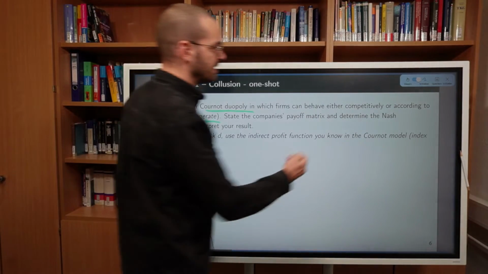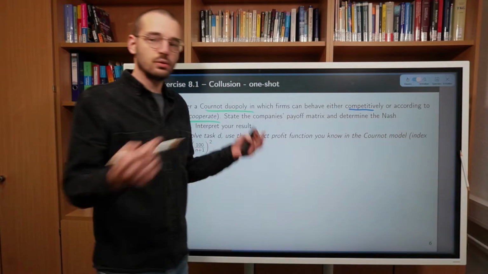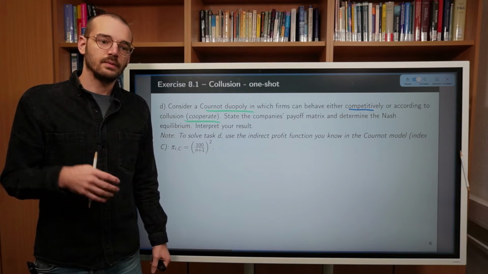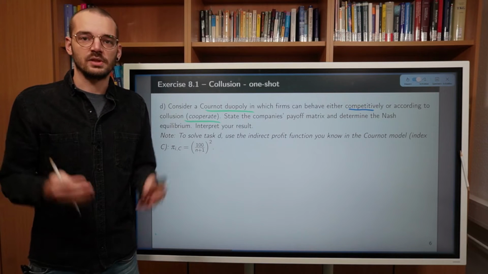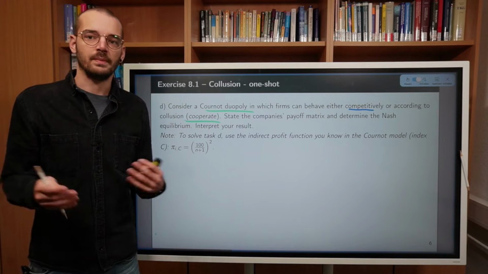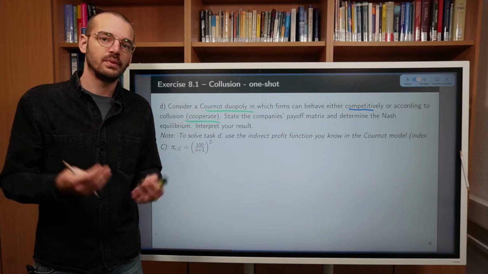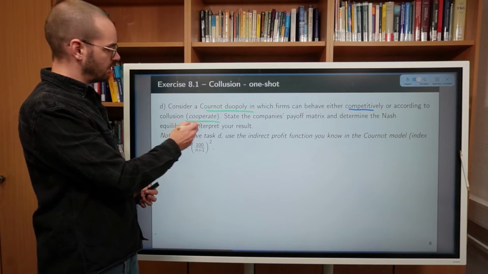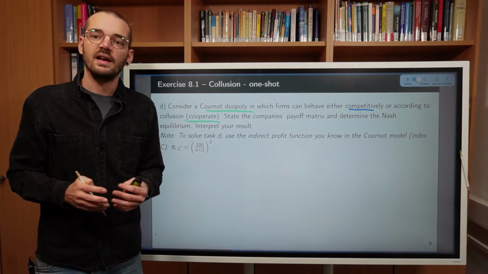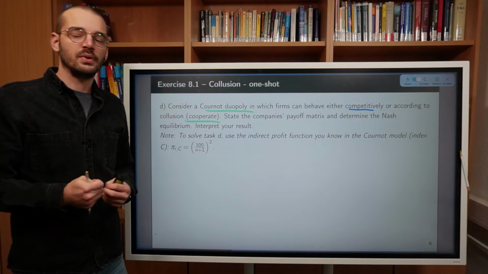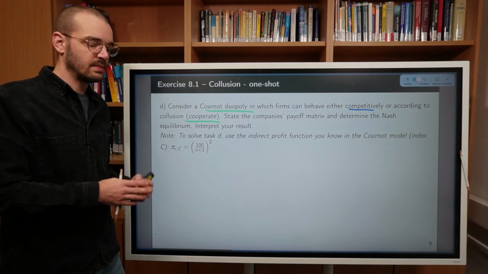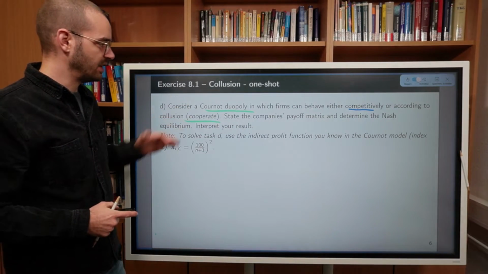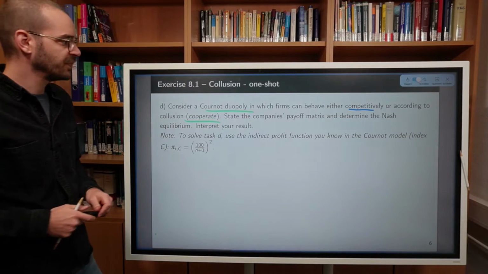And of course, competitive behavior in this Cournot competition implies acting corresponding to the best response function, acting individually profit maximizing. Whereas this collusion, this cooperative behavior implies joint profit maximization, so maximizing the joint profits of all firms and behaving accordingly on the individual level.